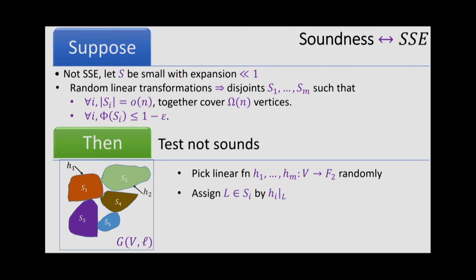And the assignment simply says the following thing. You look at the vertex L. If it is inside Si, you assign it according to hi of L, restricted to L. And if L is not inside any of these S1 to Sm, you assign it randomly. Or even you can think that it doesn't exist.